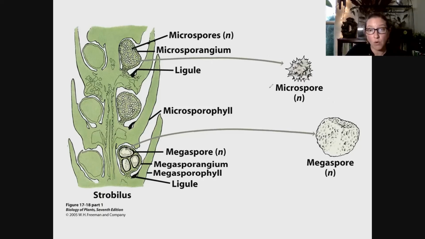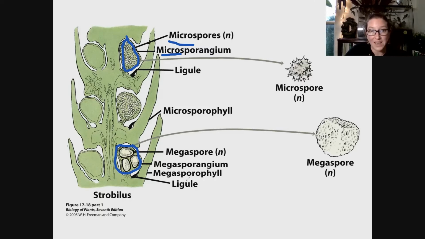So the microspore is going to be made in a sporangium that's called, you might have guessed it, a microsporangium. That's where meiosis is going to occur to produce spores, in this case, microspores. The megaspores are going to be made in a megasporangium. And likewise, now that we have two different types of sporangia, we can get more specific about how we describe the leaves they're on. This is where it's helpful to keep these prefixes in mind.